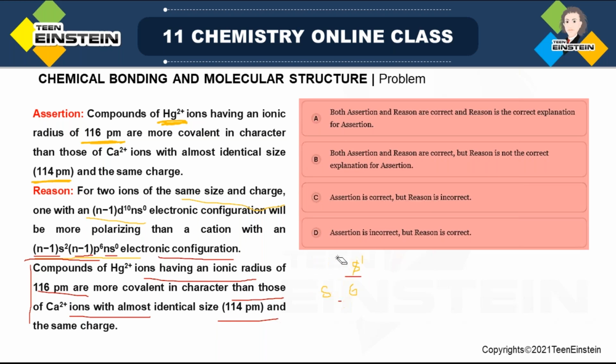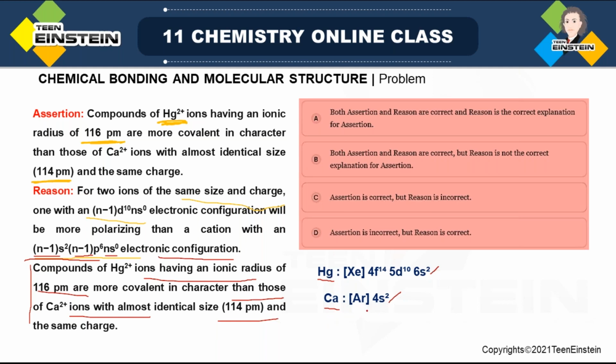Now, let us see their electronic configuration. This is the electronic configuration for neutral Hg and neutral Ca. When it is Hg2+, this part will be 0. When it is calcium 2+, this will be 0. Calcium has atomic number 20.